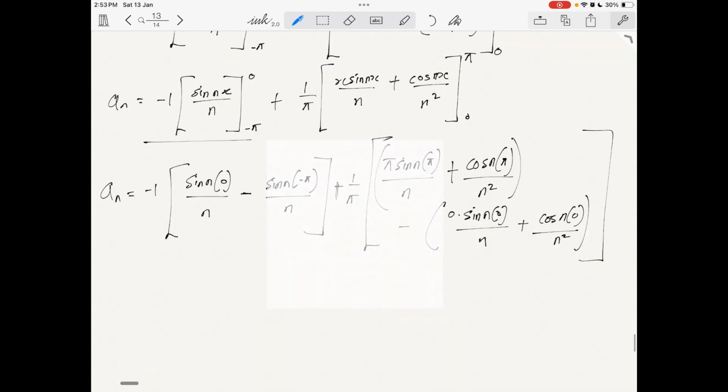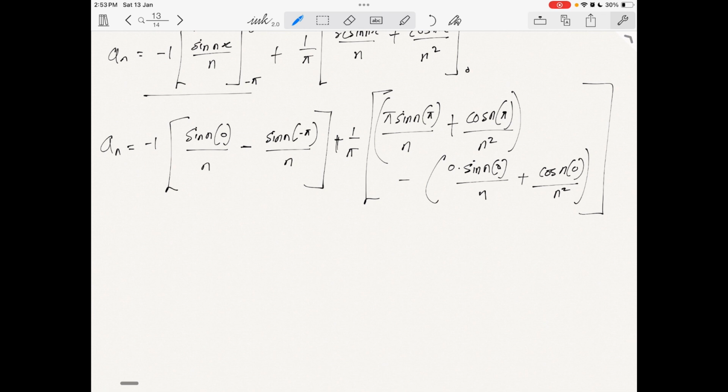So the next thing is to reduce the terms. We recall that sin n 2 pi is equal to 0 and cos n 2 pi is equal to 1, and sin n of 0 is equal to 0, as well as cos n of 0 is equal to 1.